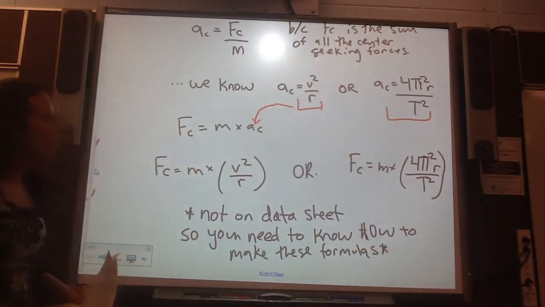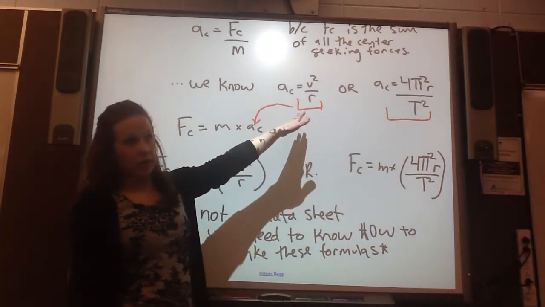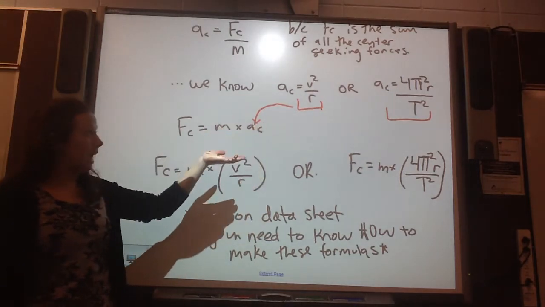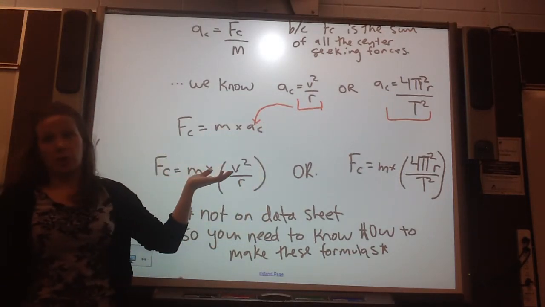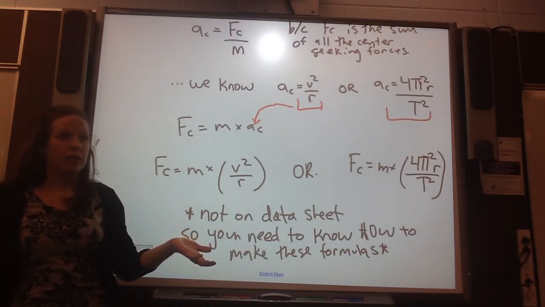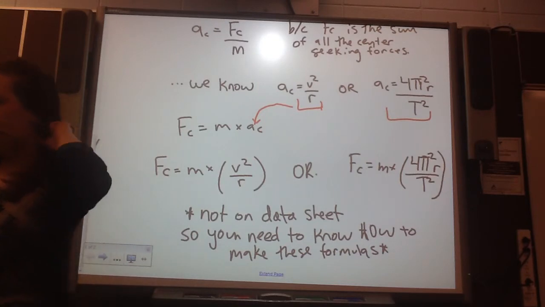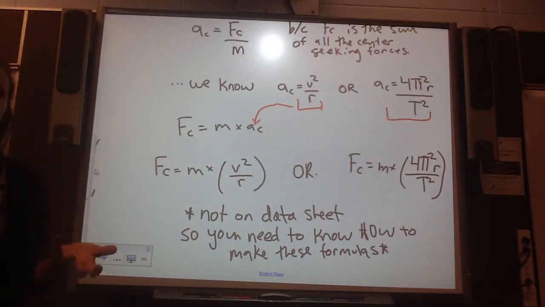These a_c formulas are on your data sheet, you don't have to memorize those. And you know your F net equals m times a. So you just need to substitute in for a_c. So just be aware that that's not on your formula sheet, but you have the tools on your formula sheet in order to do it. Okay?